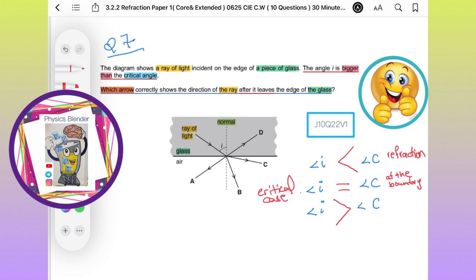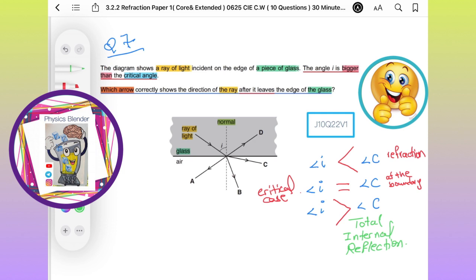If the angle of incidence is greater than the critical angle, we call this total internal reflection. Okay guys, so it's a good chance to revise all the cases we have.